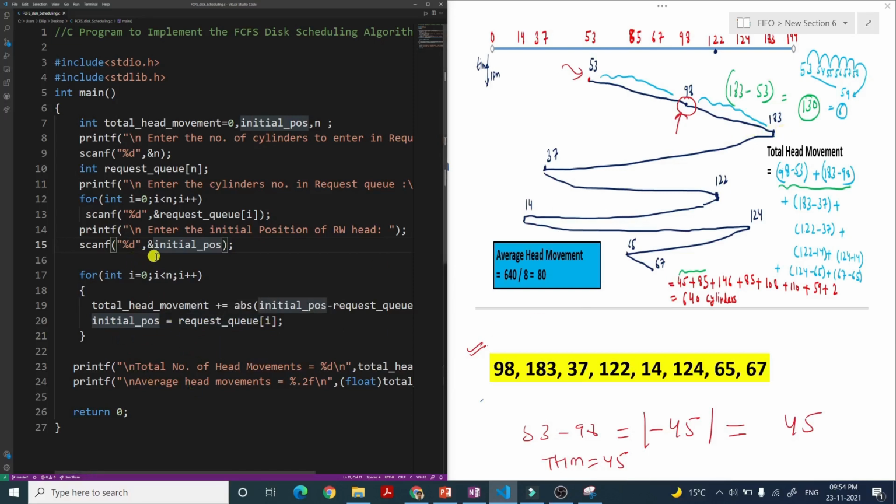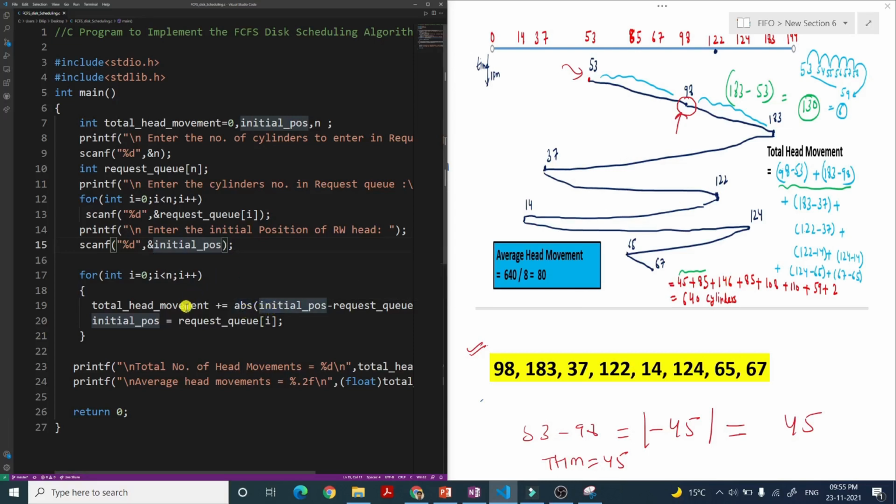Then we come again for I equal to 2, that is 37. So initial position 183 minus request key of 2, that is 37, is a positive value, 146. The absolute value of a positive value is the same positive value, 146.